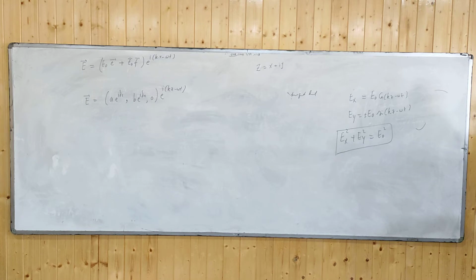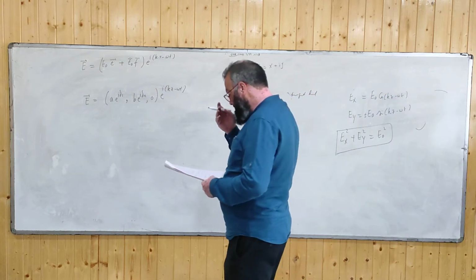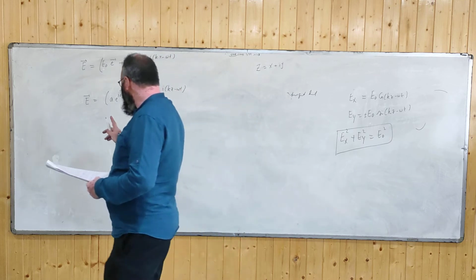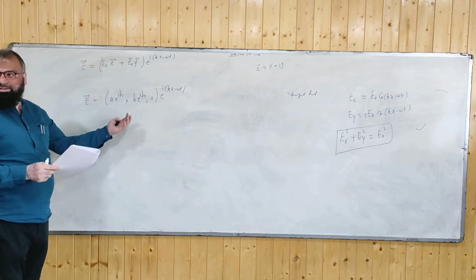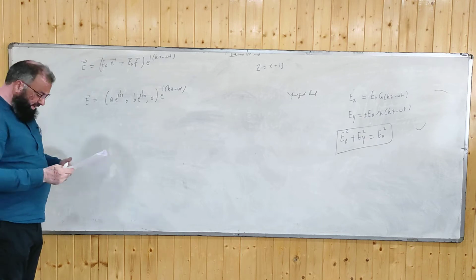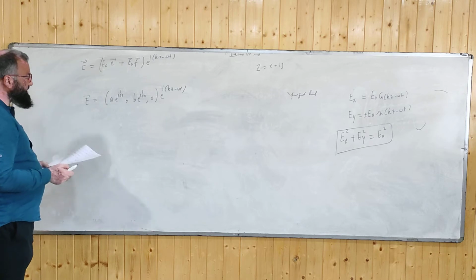So now let's write. Tell me, what about the nature of this wave? Will it follow an ellipse? Now let's try to figure it out. Let's try the real and imaginary parts.